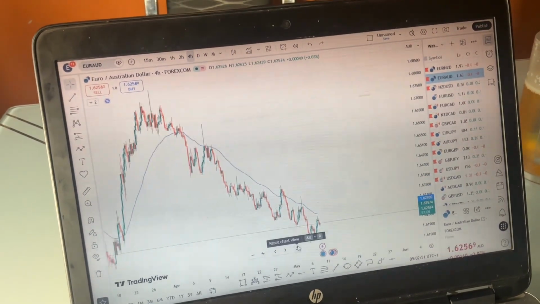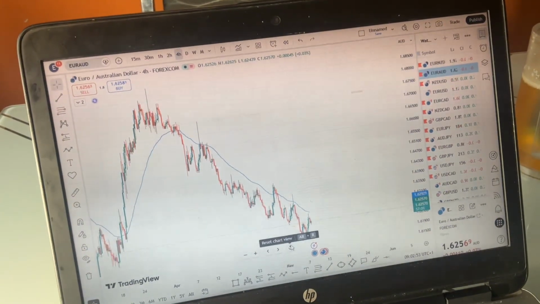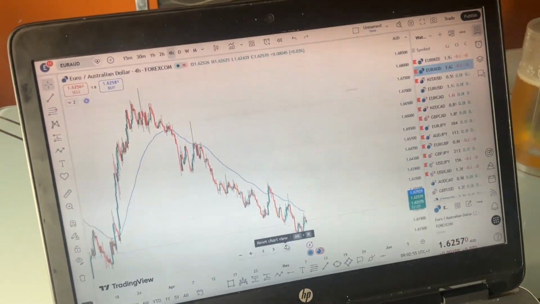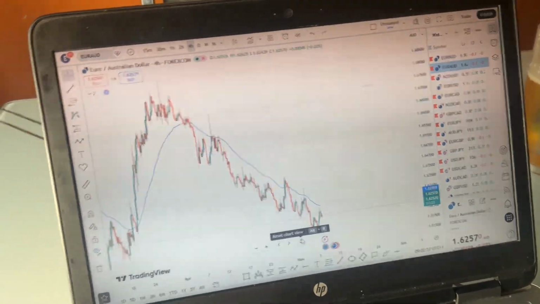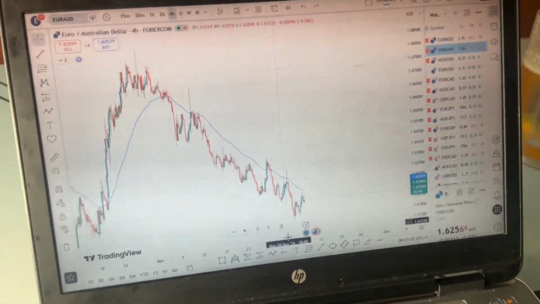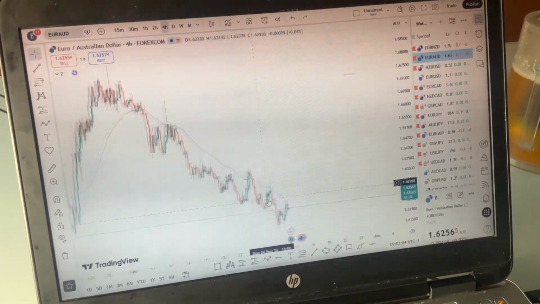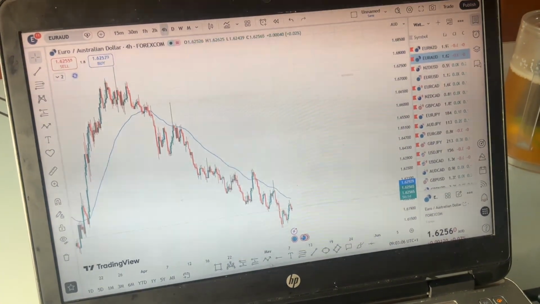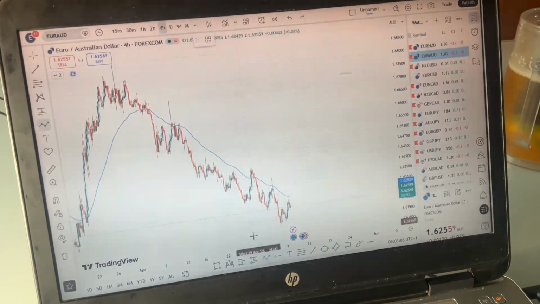So this is the 4 hours time frame. You can clearly see we have not started using our strategy. We are just finding where the market is going, either the upside or the downside. You get me? On the 4 hours time frame, this is the structure created.